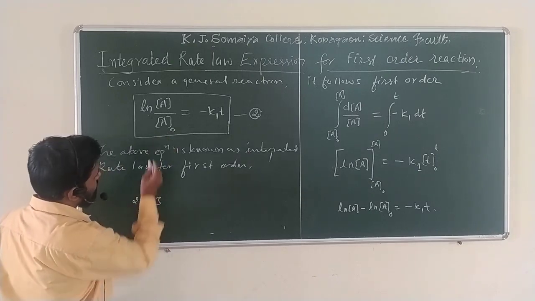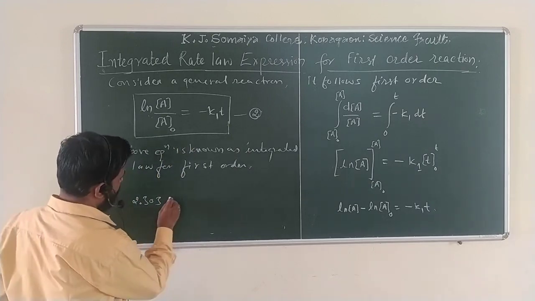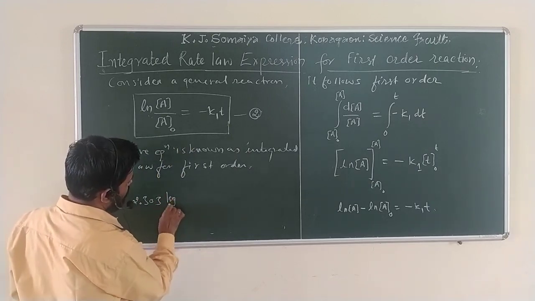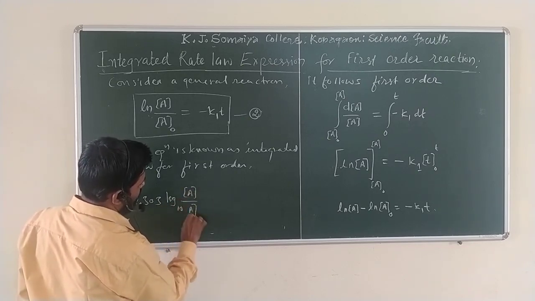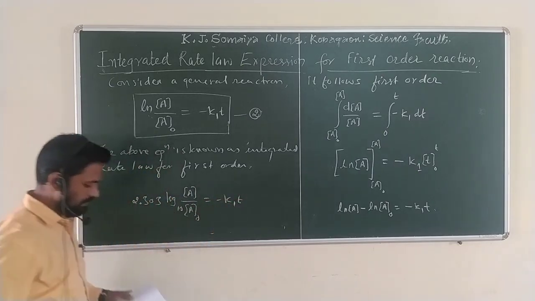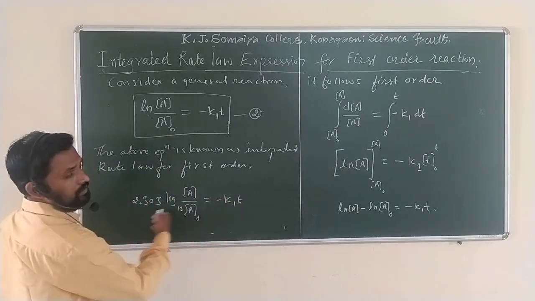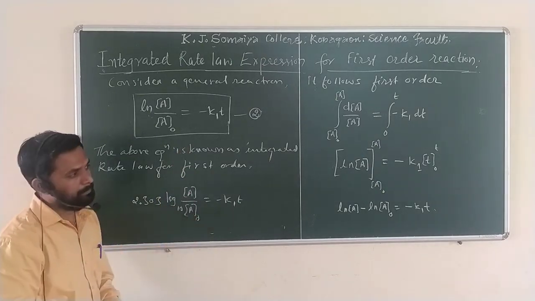When ln is converted into log base 10, there is a multiplication by the constant 2.303: 2.303 log to the base 10 of concentration of A upon concentration of A0 equals minus K1 t. This is also the integrated rate law in terms of log base 10.